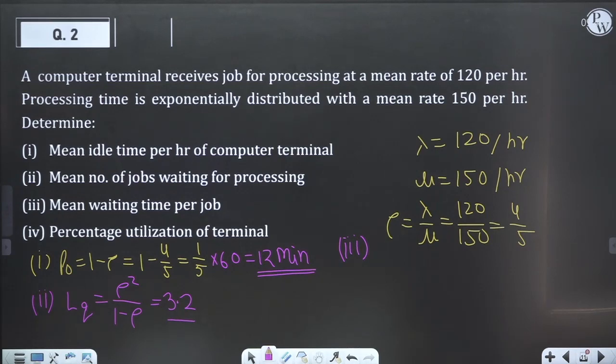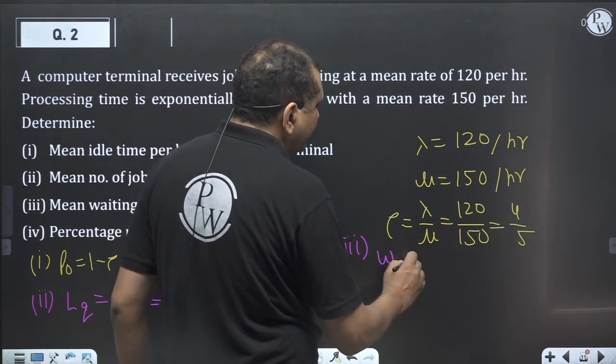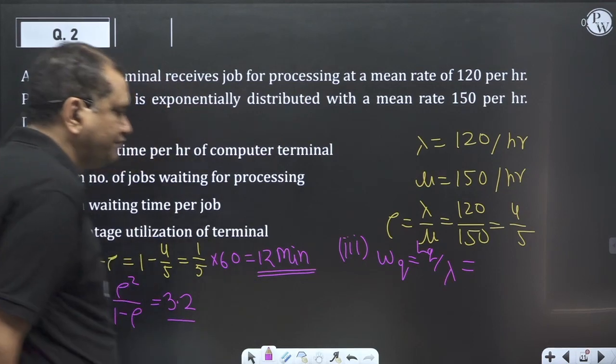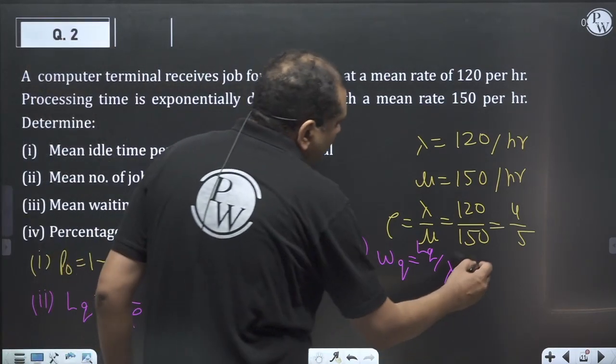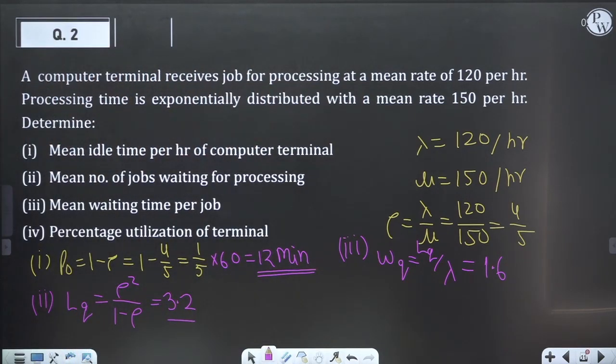Mean waiting time per job. WQ is nothing but LQ by lambda. LQ we have calculated, lambda we know. It comes out to be 1.6.